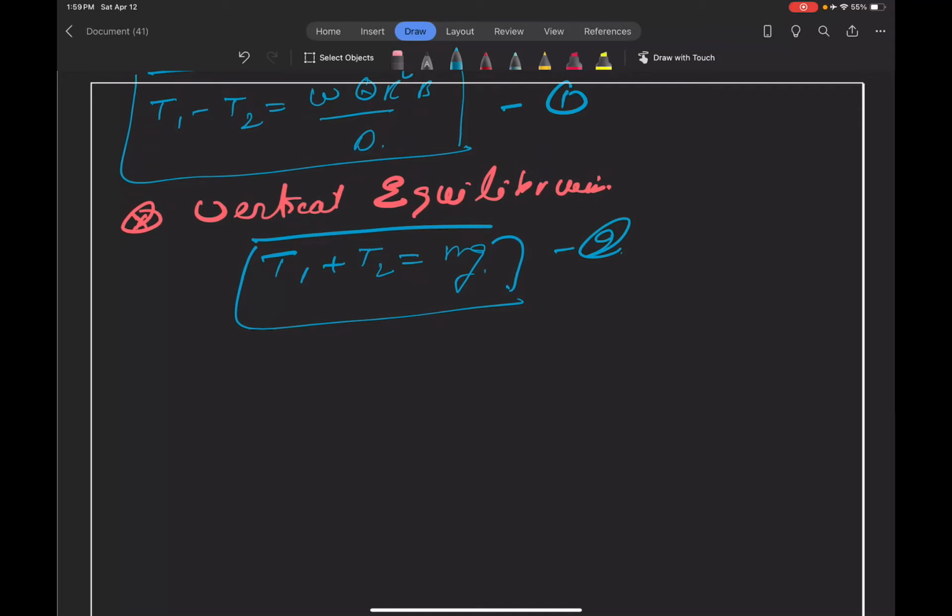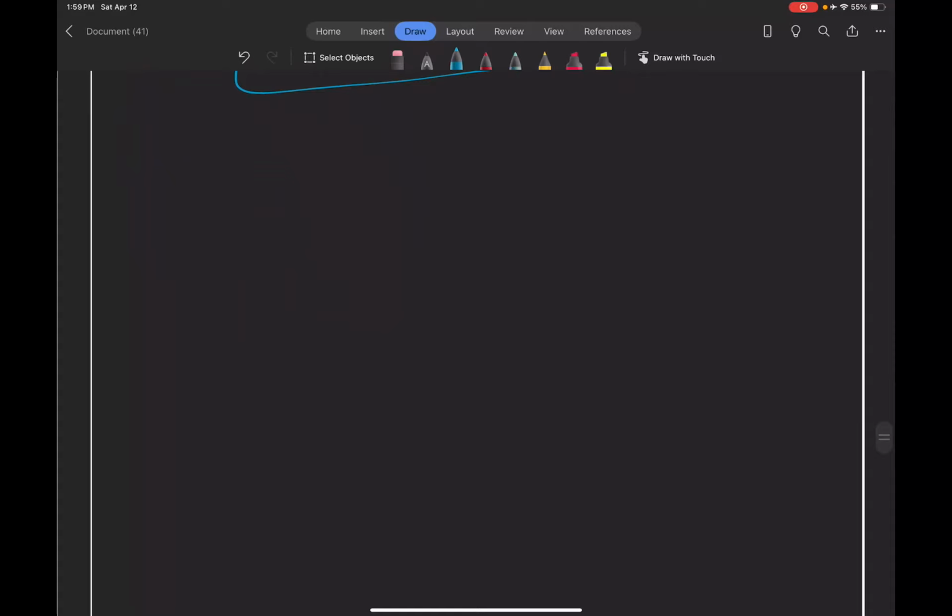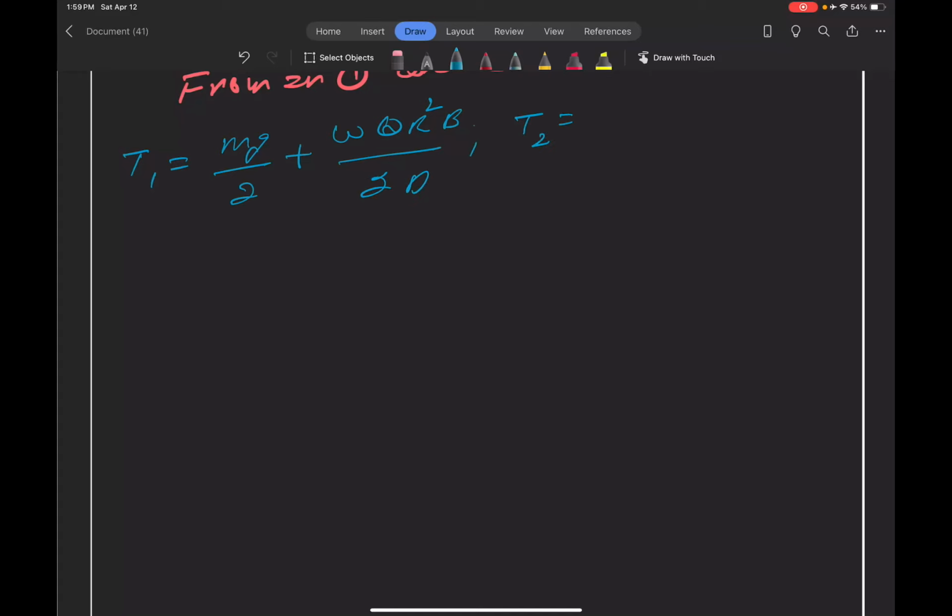Now if we solve equations 1 and 2, or simply add them, we get T1 is equal to mg by 2 plus omega q r square b divided by 2d, and this further gives us T2 equal to mg divided by 2 minus omega q r square b divided by 2d.